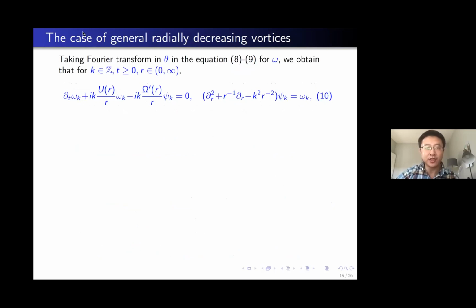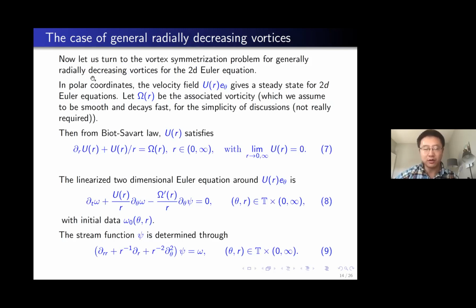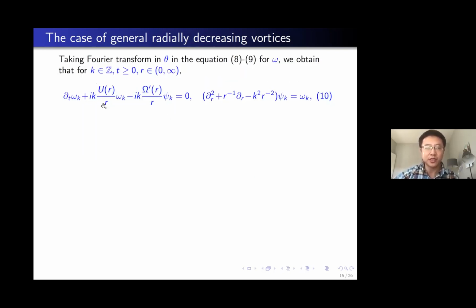Again, for the vortex, an important feature is that we can take the Fourier transform in theta and decouple the equation into Fourier modes. Of course, theta is periodic, so we have discrete Fourier modes. Your k is in Z, t is positive, and r is from 0 to infinity, so r is the radius.